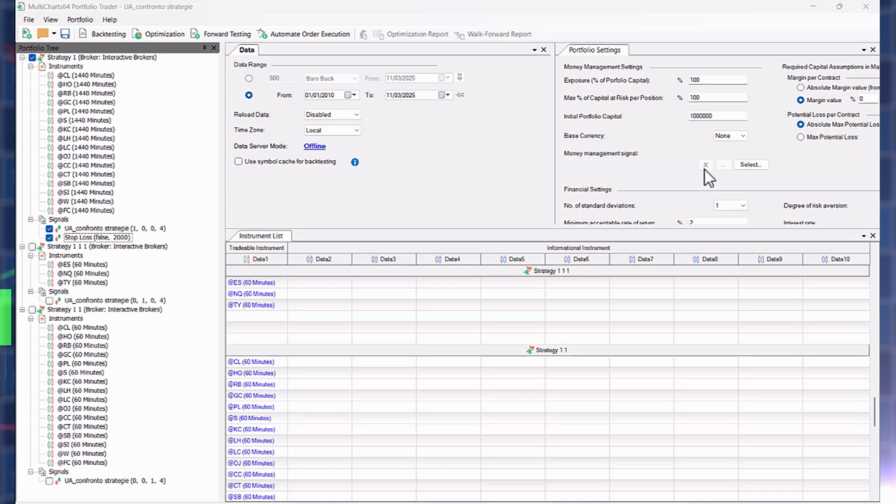Regarding the trend-following strategy, the one at the top will use a 1440-minute time frame, which is essentially daily, and will go long or short on the breakout, as we saw earlier in the code, of a channel built on the last 4 days, since these are daily bars.